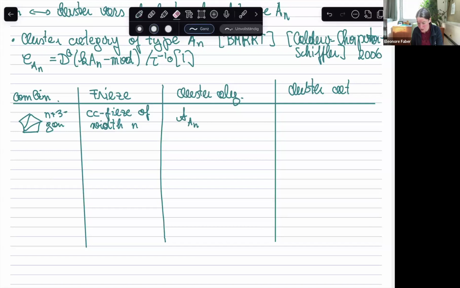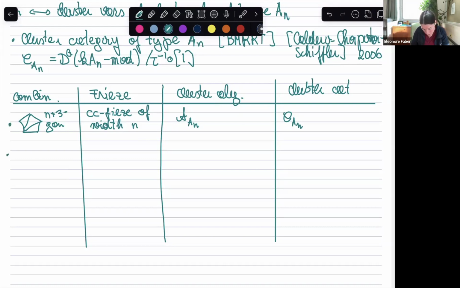But then on the cluster category side, we have this CAN. So I'm correct here, it's CAN. And in this category, your objects are the indecomposable modules over the path algebra, plus you get some extra ones, the shifted projectives. So I'll do an example later.